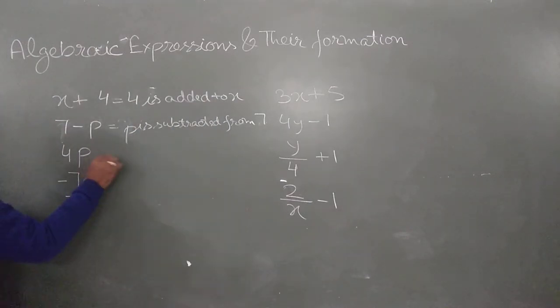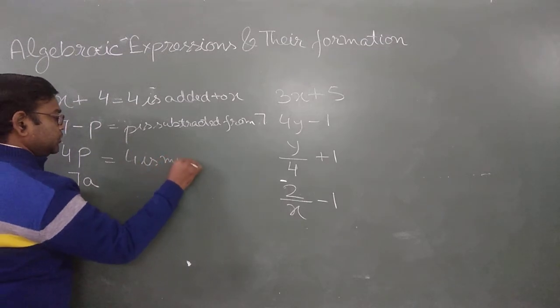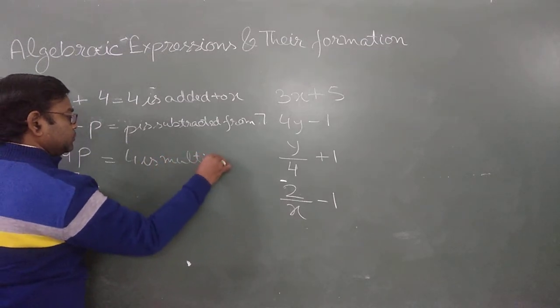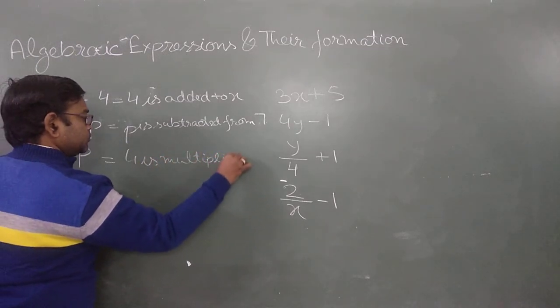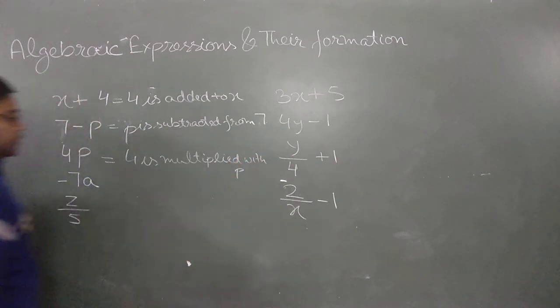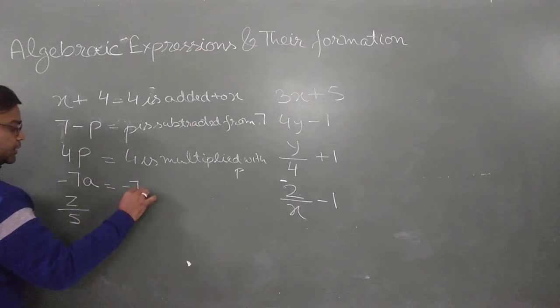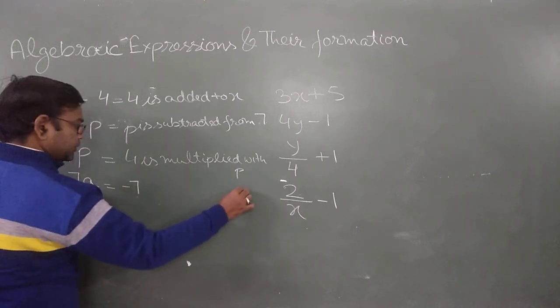Now you know, we discussed just now, 4 times p, or 4 is multiplied with p. Similarly here, minus 7 is multiplied with a.